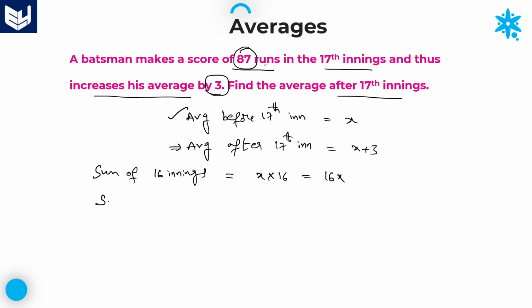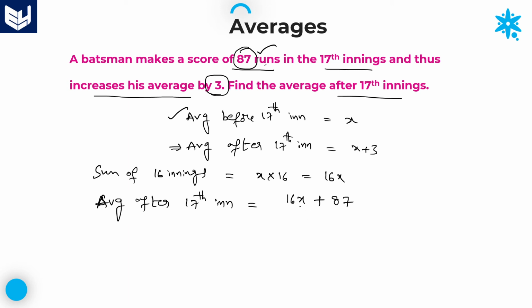Therefore, the average after 17th innings is equal to, what is meant by average? Sum of 17 innings. We know the sum of 16 innings is 16x, plus in the 17th innings he scored 87 runs.